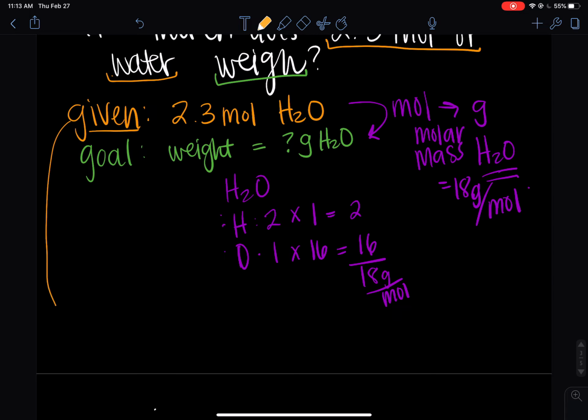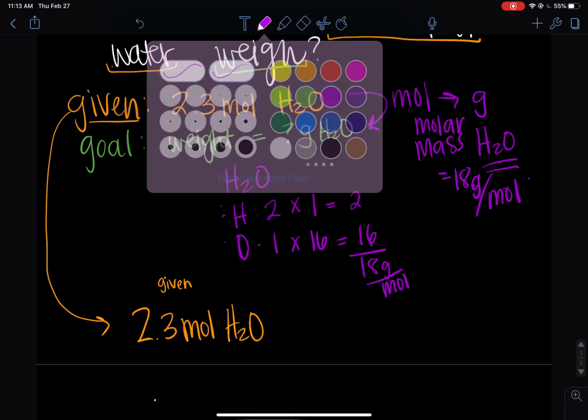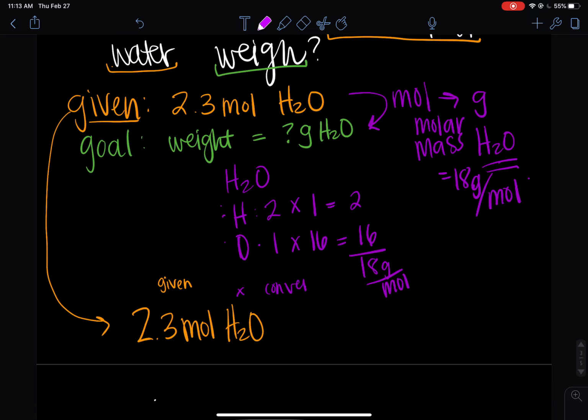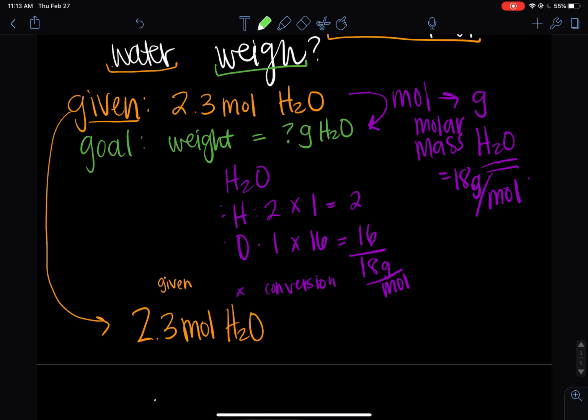So we're always going to start with what we're given. So you're going to start with 2.3 moles of water. Okay? And you are always going to multiply given by a conversion factor, until we get to goal. So we may have to keep using conversion factors until we get to goal.